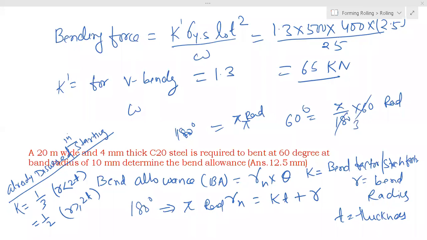Take 0.5. Why you take R when R is greater than 2t? Ravichandran has sent you that, Mohit. Ravichandran has sent you the entire detail. 10 plus 0.5 into.